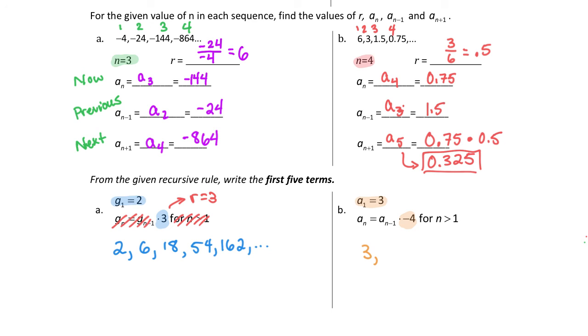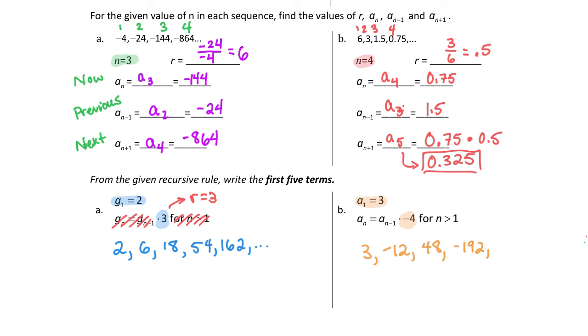So hopefully you were at least able to identify the two parts. The first term is 3, the second term is negative 4. When we multiply, we get negative 12. Then two negatives will make a positive, 48. And then 48 times negative 4 will make negative 192.